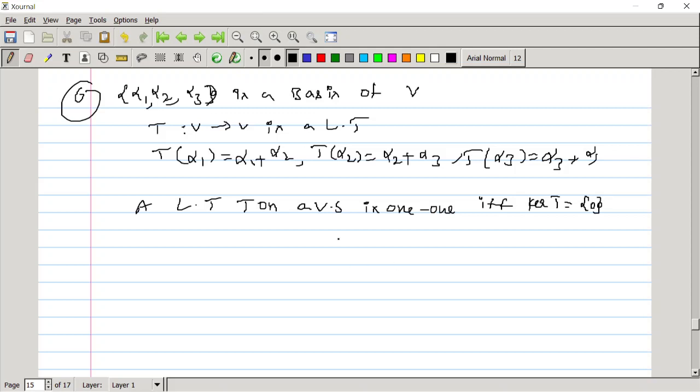So to check whether T is 1-1, we check whether the kernel of T equals {0} or not. Let me check that.